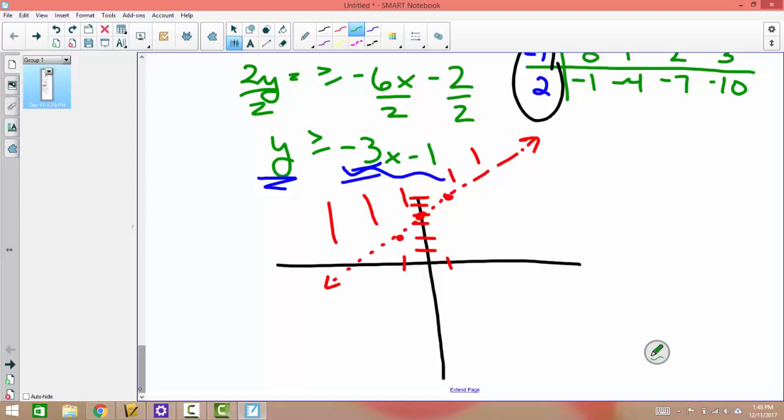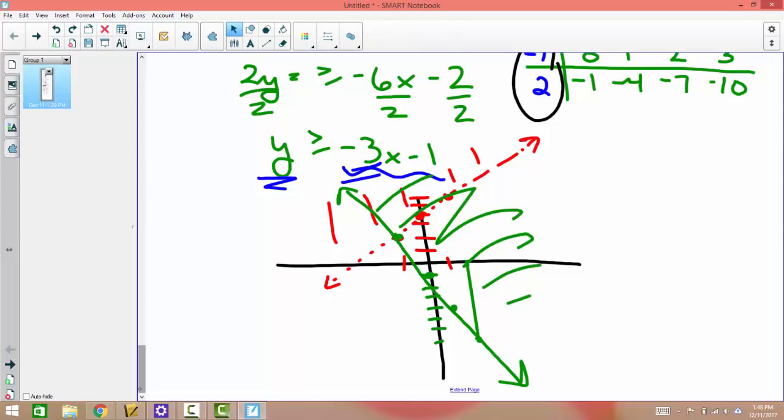So negative 1, 2, that's where they cross. 0, negative 1, 1, negative 4, and 2, negative 7. Dotted or solid? It's solid because it's greater than or equal to. Solid line. And then greater than or equal to is shaded this way.